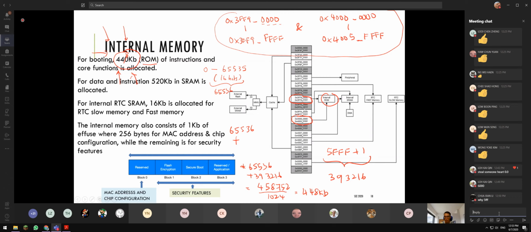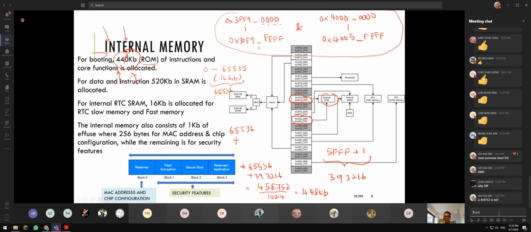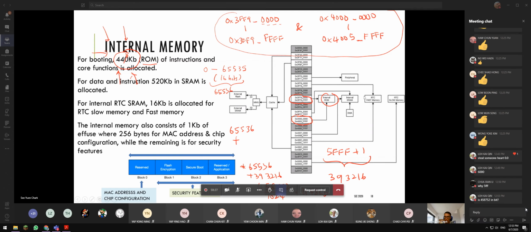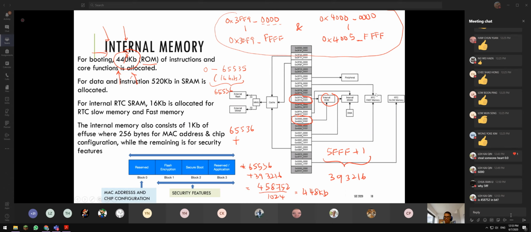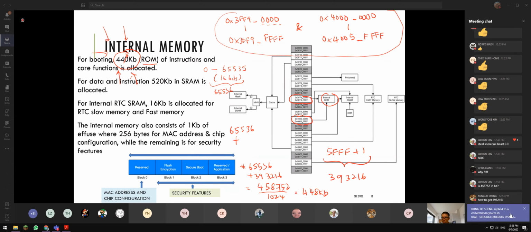So if you are in deep sleep mode and suddenly some data comes in, you are still able to handle this data. Basically, RTC fast memory is for data storage. Is it okay, class? Basically, these two memory locations, RTC fast memory and RTC slow memory, are used during deep sleep mode.